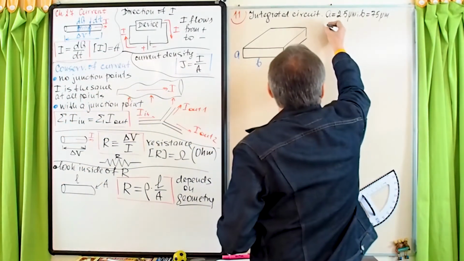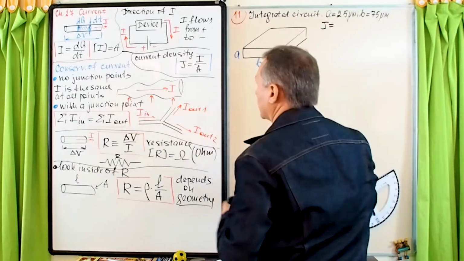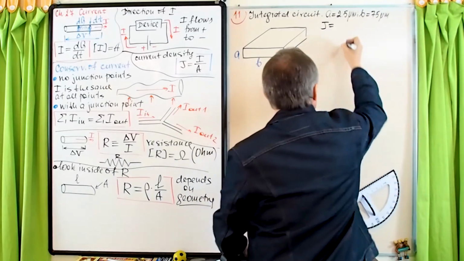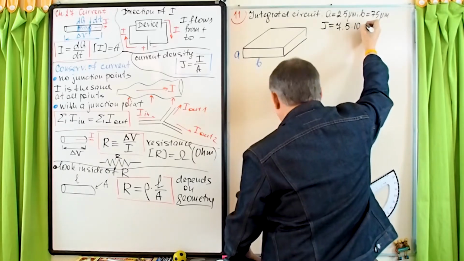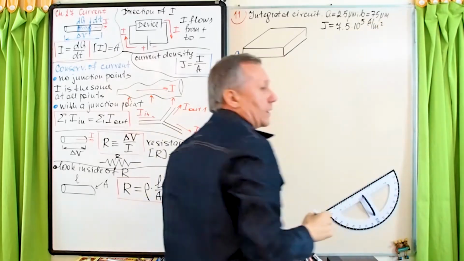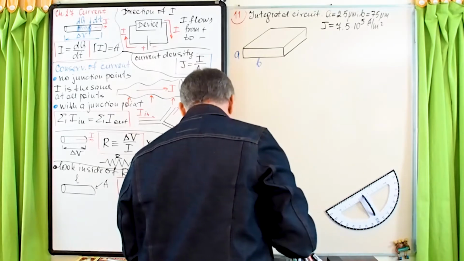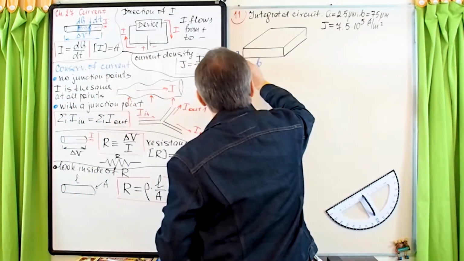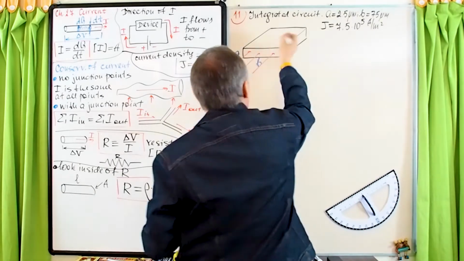So current density, J, is equal to 7.5 times 10 to the power of 5 amps divided by square meters. Right, and so what we need to find? Of course, current flows, so there will be charge flow through this structure.